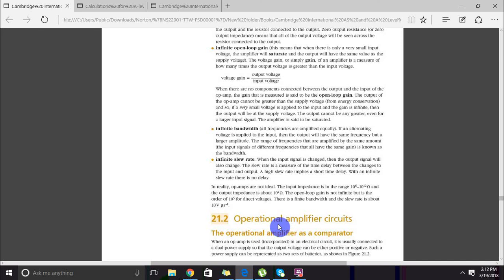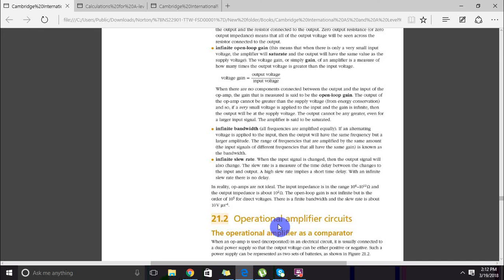The bandwidth for an op amp is the frequencies that can be amplified properly, that can be amplified equally. And when the op amp is said to have an infinite bandwidth, it means that the op amp is really great at its job, and that any and all frequency can be amplified equally by it.